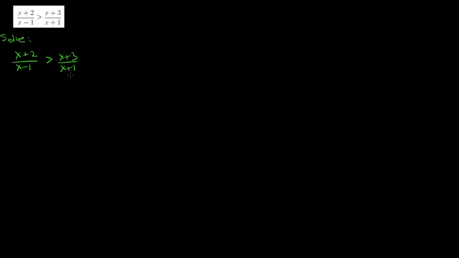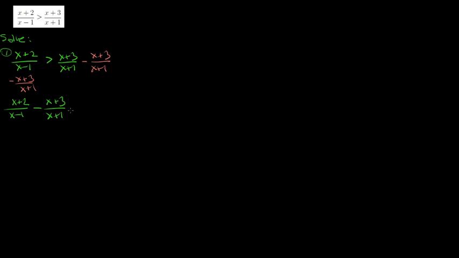We have to actually subtract this whole expression, x plus 3 over x plus 1, from both sides, right? And this is all just step 1 here. We end up with x plus 2 over x minus 1 minus x plus 3 over x plus 1.